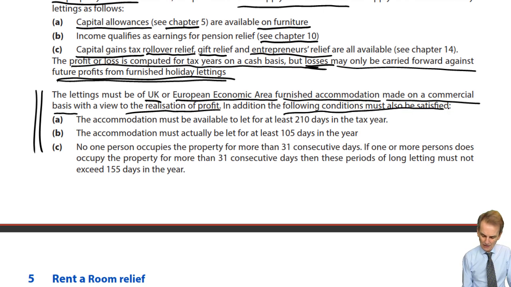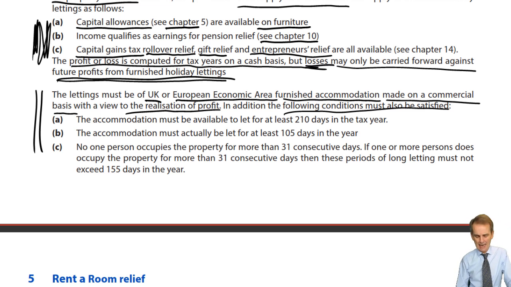Here are the specific conditions. Now, this, as I say, is what you'll be learning at a later point in time. To qualify for the sort of benefits that we itemise there, these are conditions. The accommodation must be available to let for at least 210 days in the tax year. Again, this is supposed to be on a commercial basis with a view to realisation of profits.